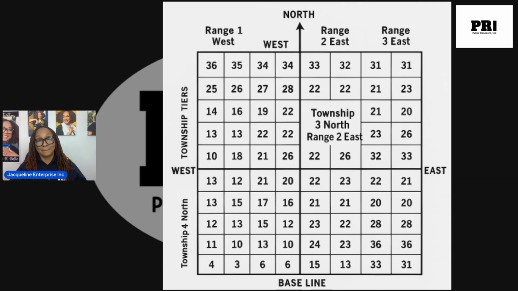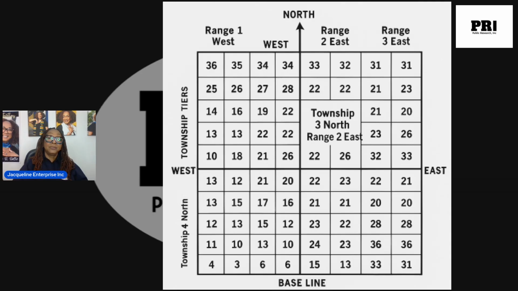Okay. So when we start looking at an example of a legal description, you can see the grid there. You see at the top you've got the north, and then at the bottom you've got the baseline. So you've got north, south, and then west, east there. You've got range 1 here, right? Range 1, that's your west. Range 2, that's going to be east, right?